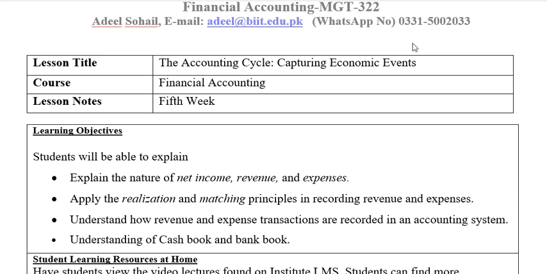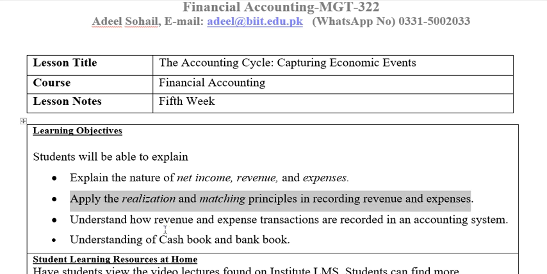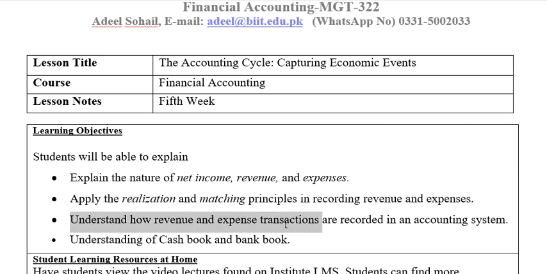Fine. The learning objectives of this lesson are to explain the nature of net income, revenue and expense, and further you will learn about some accounting principles, I mean the realization and matching principle, in recording the revenue and expense accounts. The third learning objective is how revenue and expense transactions are recorded in the accounting system.